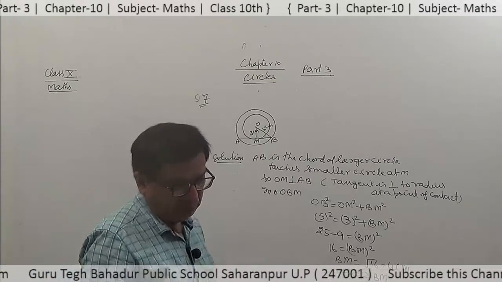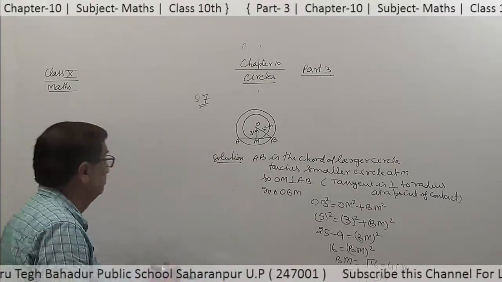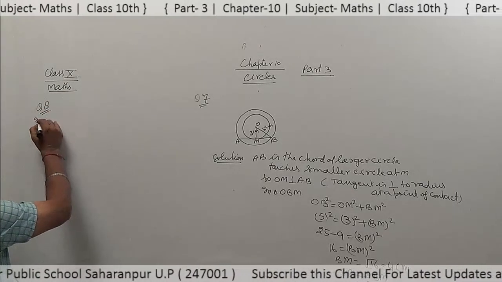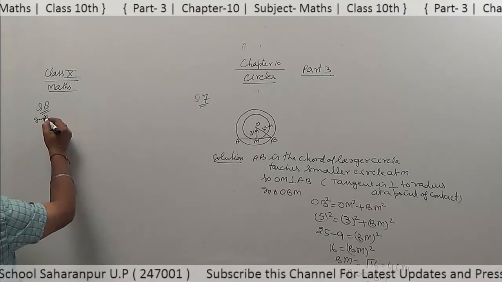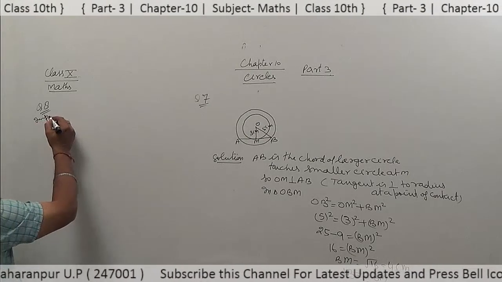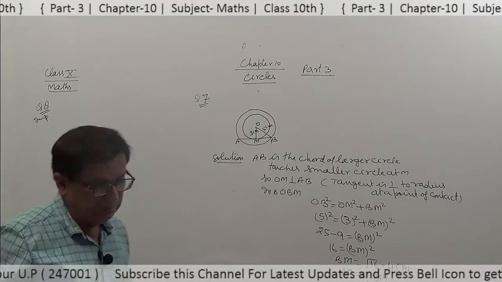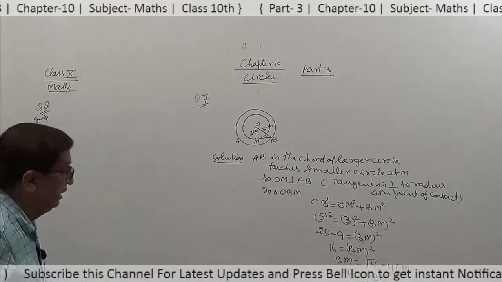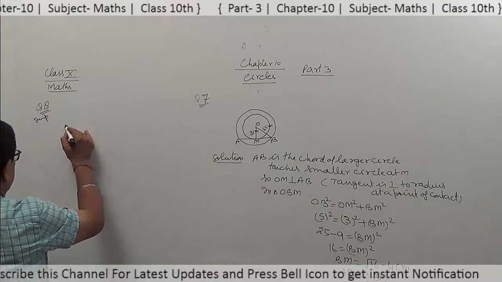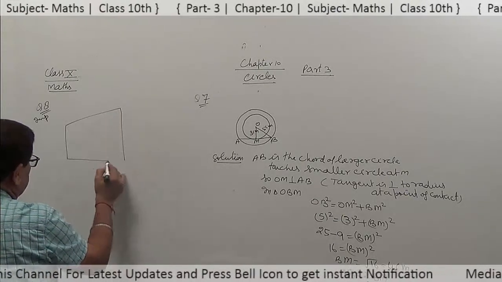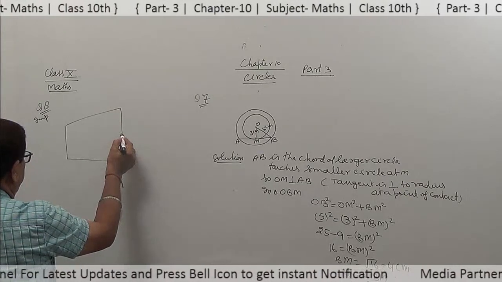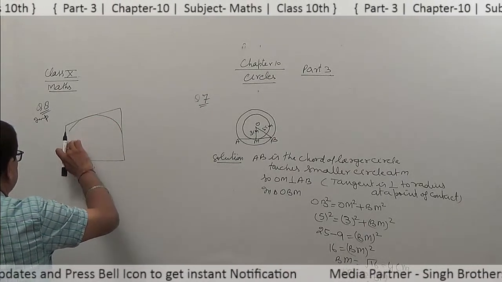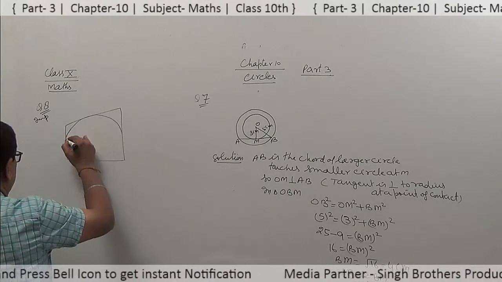Question number 8. Very important question. ABCD is a quadrilateral circumscribing a circle. This is the quadrilateral, it circumscribes the circle.